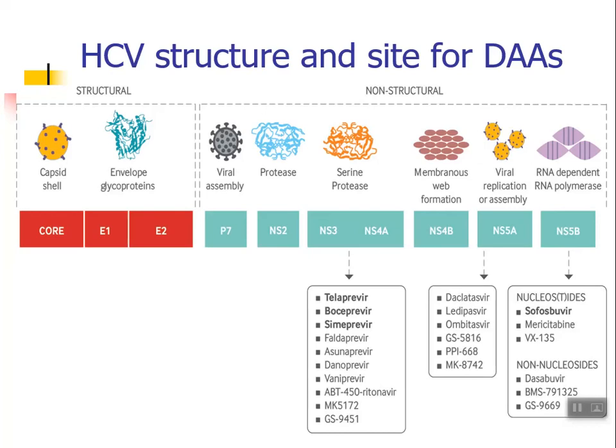There are 7 non-structural proteins with a list of direct acting antivirals which act on each non-structural protein. For example, sofosbuvir on non-structural 5B, daclatasvir on non-structural 5A, telaprevir, simeprevir, boceprevir on non-structural 3 and non-structural 4A.